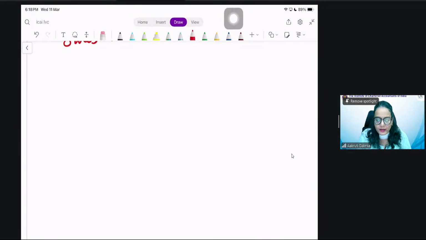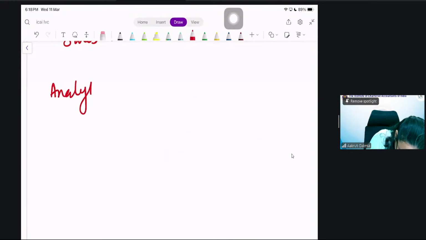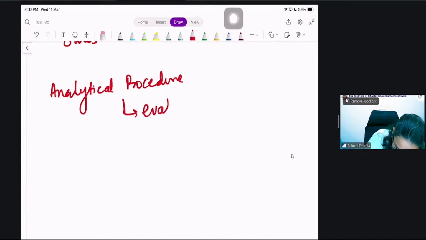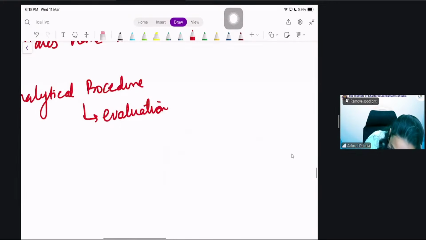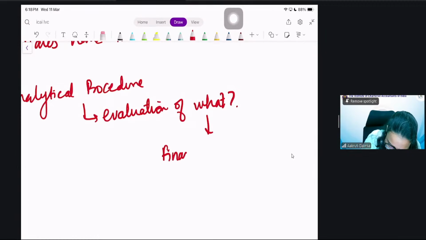First, pay attention. So basically, analytical procedure is an evaluation. What is it primarily? It is an evaluation. Evaluation of what? Evaluation of financial information.